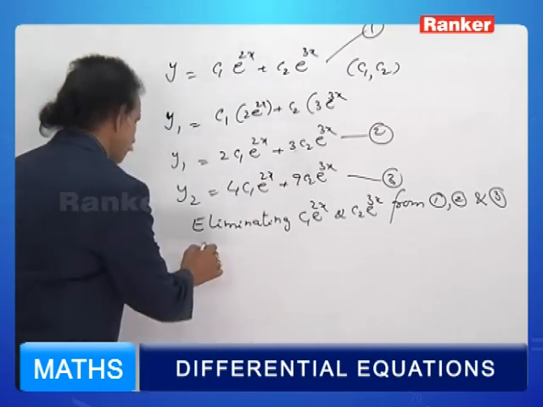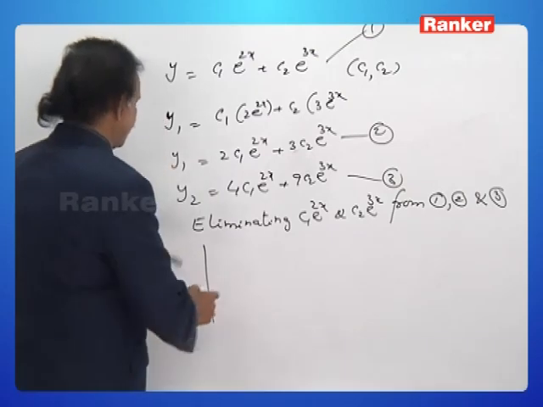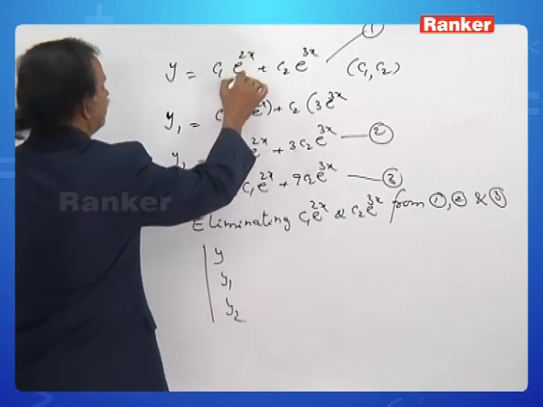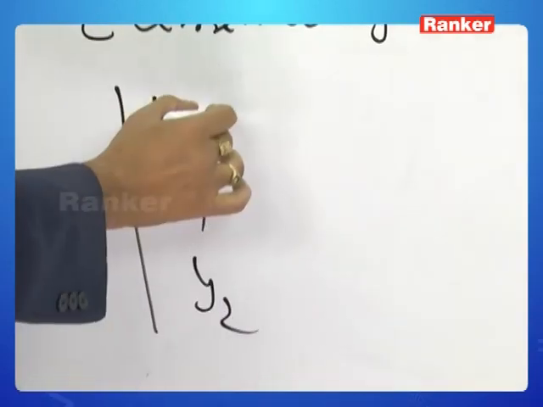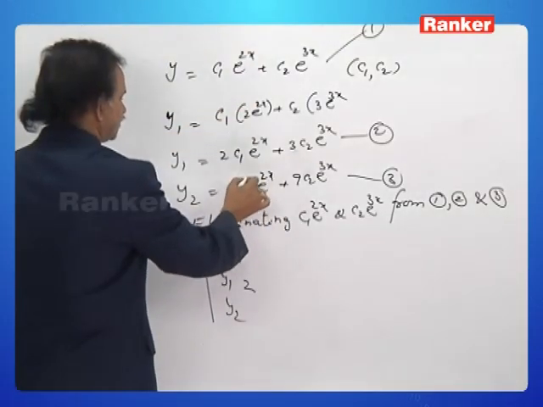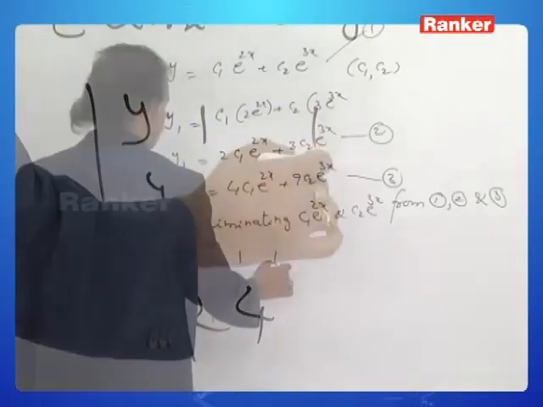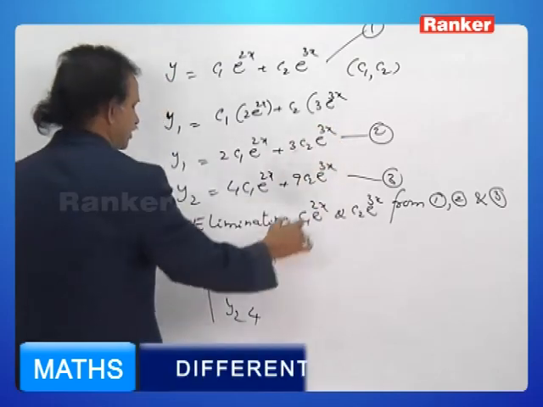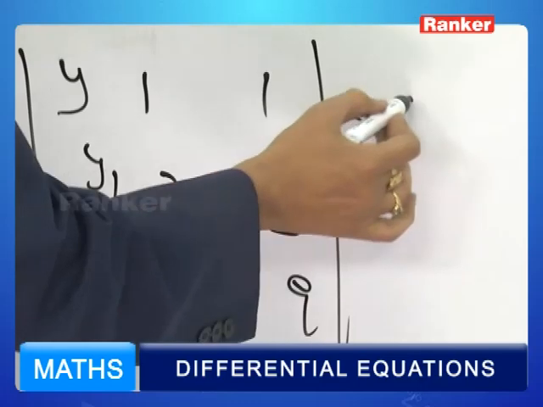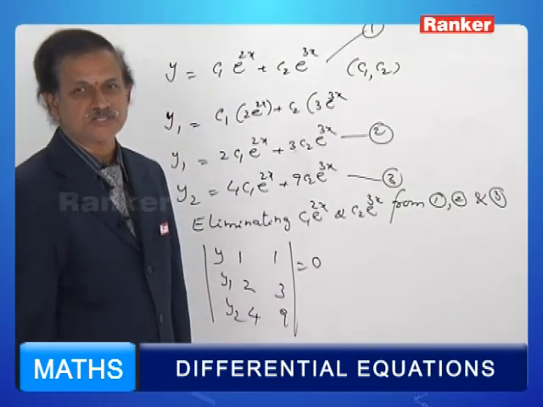Look here. LHS is y, y1, y2. The coefficient of C1 e power 2x is 1, 2, 4. The coefficient of C2 e power 3x is 1, 3, and 9, equal to 0. This is the way we eliminate the constants.